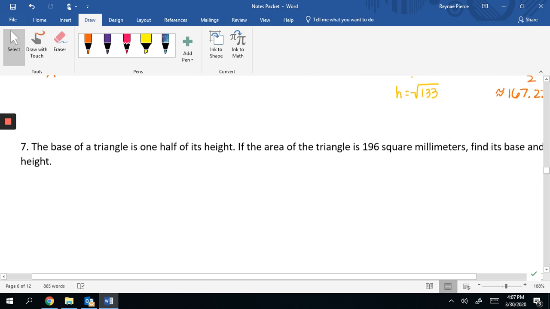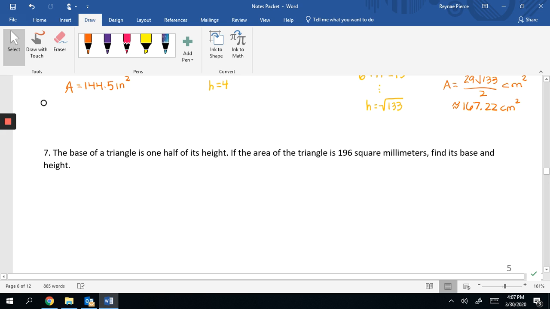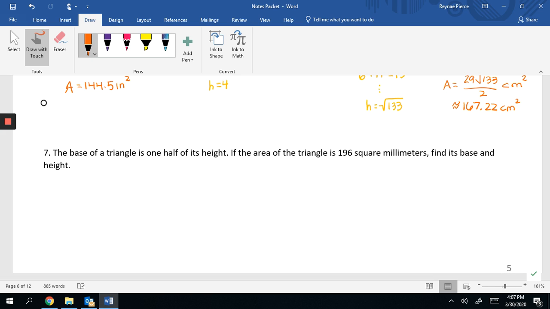Okay. All right. So the base of a triangle is 1/2 of its height. Okay.